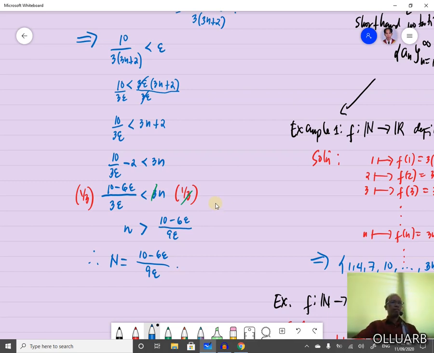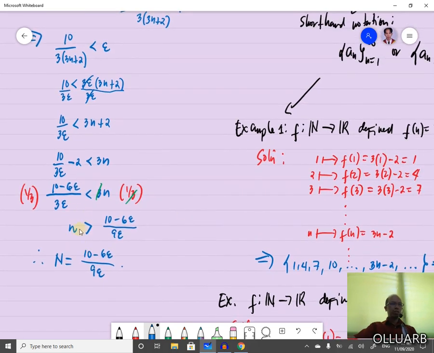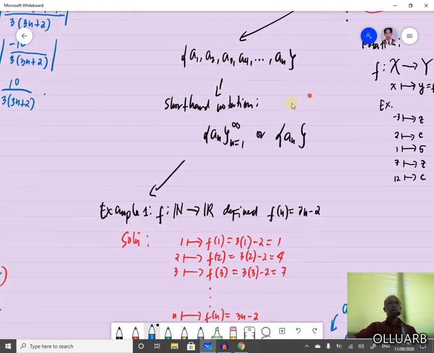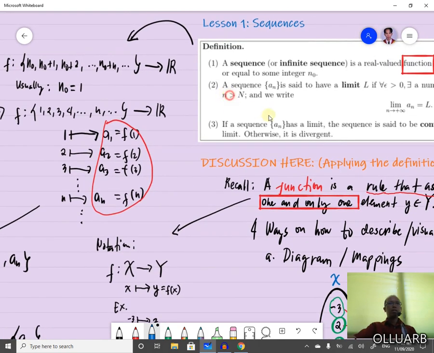Okay, why? As you have noticed, small n must be greater than this one. So let's recall our definition. Where is our definition? Yeah, this one.